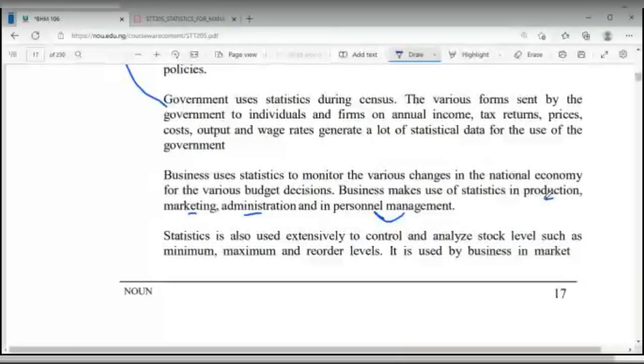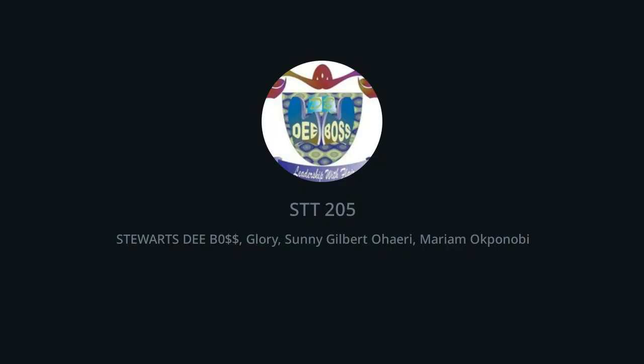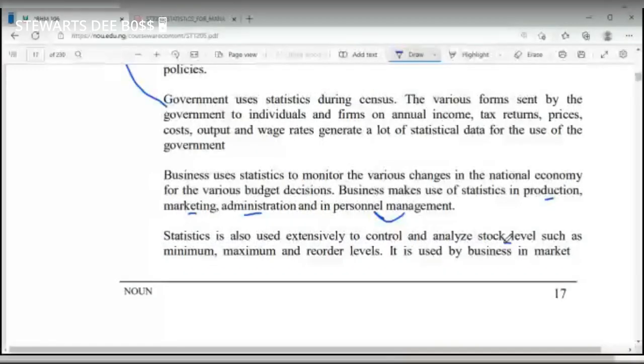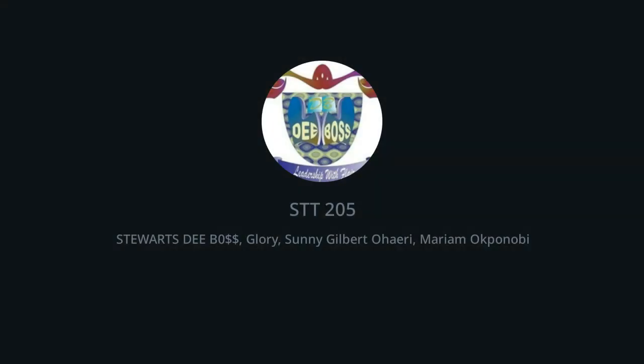Statistics is also used extensively to control and analyze stock level, such as minimum, maximum, and reorder. So when we say stock, it has to do with your inputs, your raw materials. Is that raw material? Not raw material, that is goods that you sell, your finished goods. So the goods that you sell, at what level should it be?